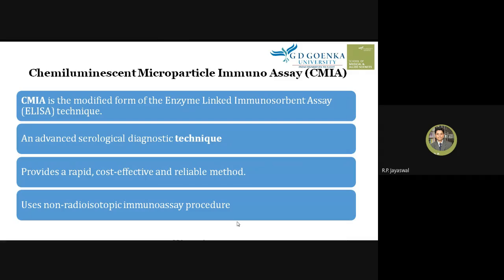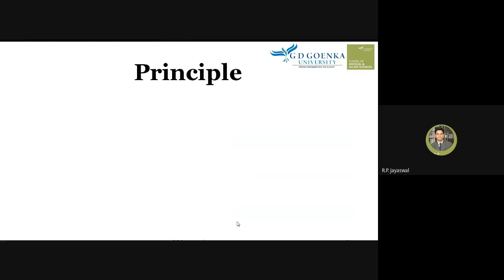This method uses a non-radioisotopic immunoassay procedure, meaning we do not use radioisotopes during the procedure. And what is the principle behind this?